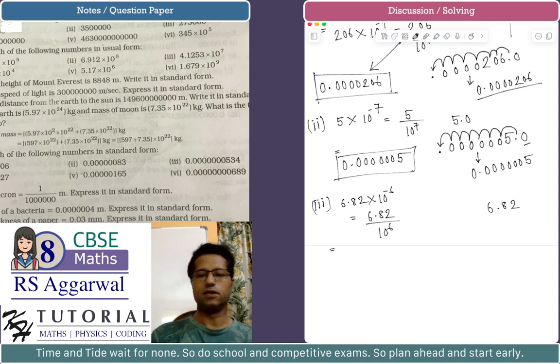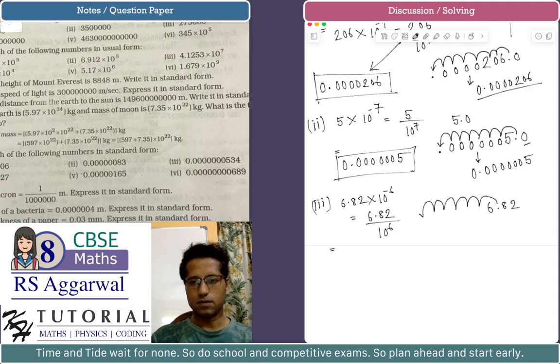I have to shift the decimal point to the left 6 places. So 1, 2, 3, 4, 5, 6. The last shift jump will be the place of the decimal point, and in between you fill up with all zeros.